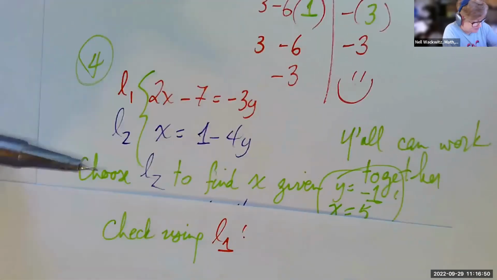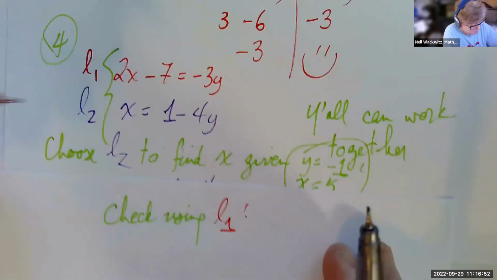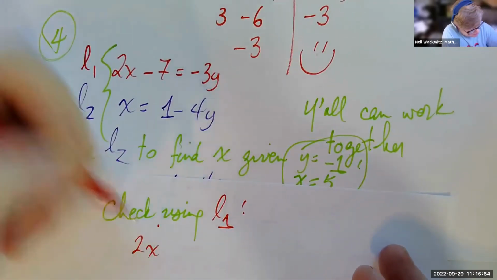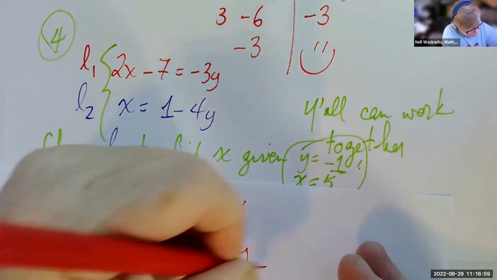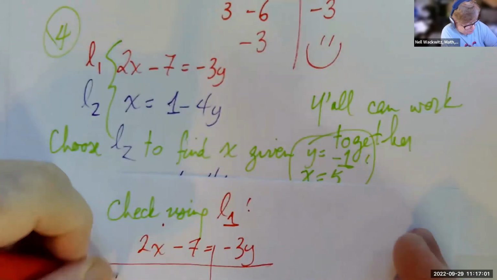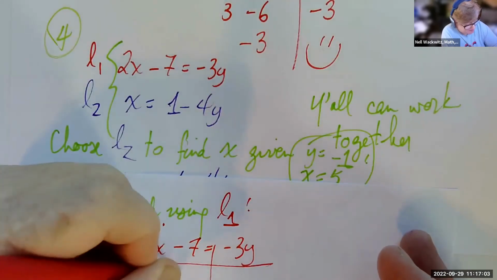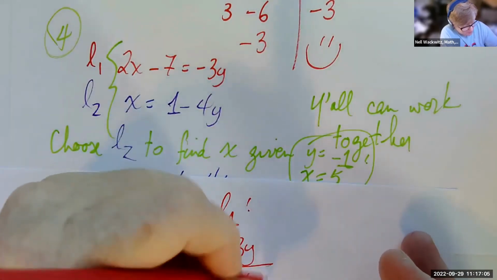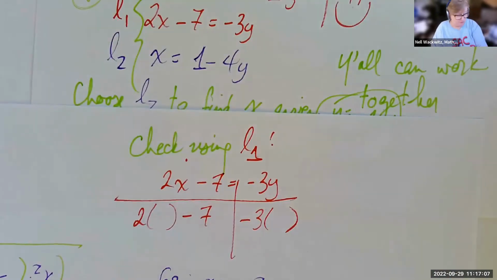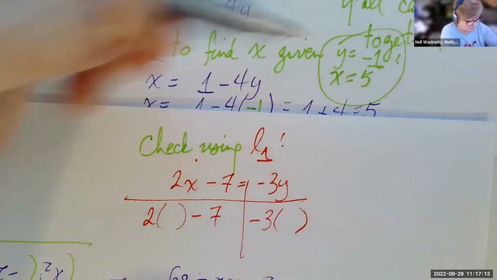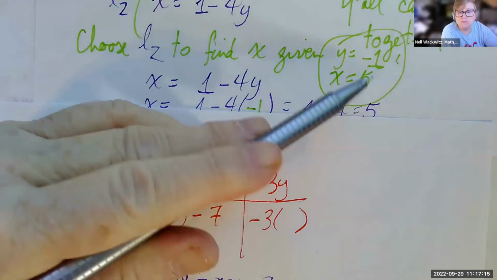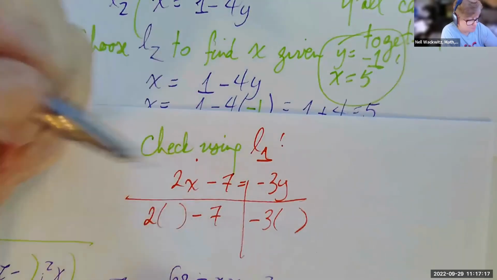Okay, so we've got 2x plus 3y equals 7. And what am I going to fill in for the x? X is going to be 5.